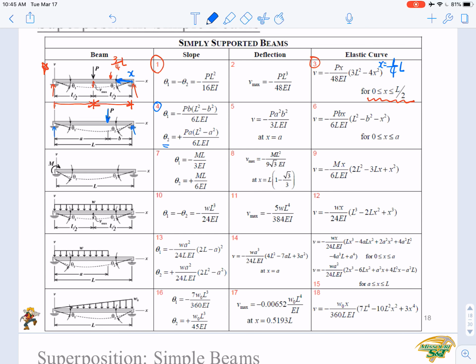And using equation number 5, you can determine the maximum deflection, which is here at x equals a. And equation number 6 is the elastic curve, which you can use to determine the deflection of a random point within this range from 0 to x equals a. Again, this equation only applies to this range.